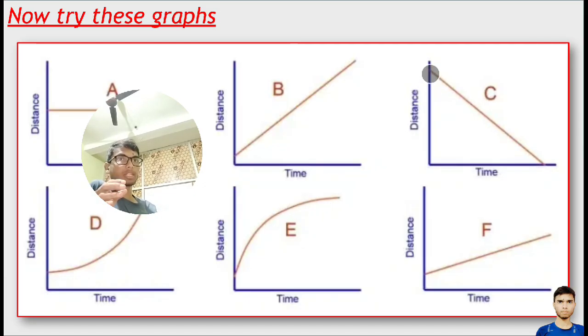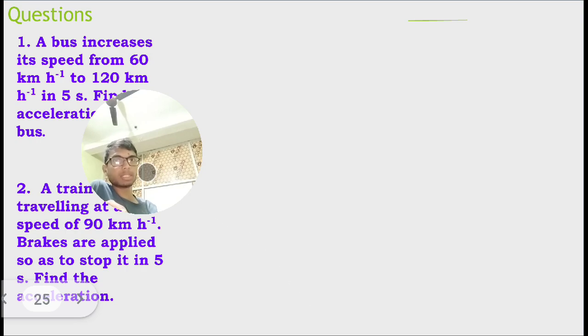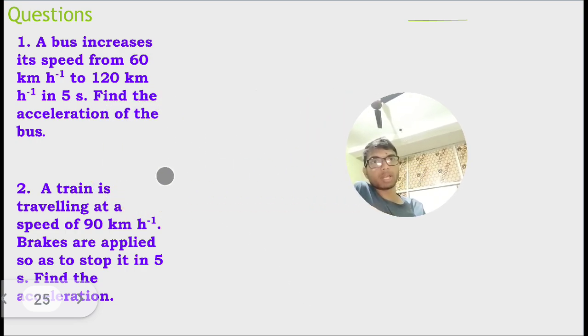If an object is coming from here to till here, and the initial speed is not 0, then it is a retardation. Here, same as you can see, from here to till here it is a positive acceleration.